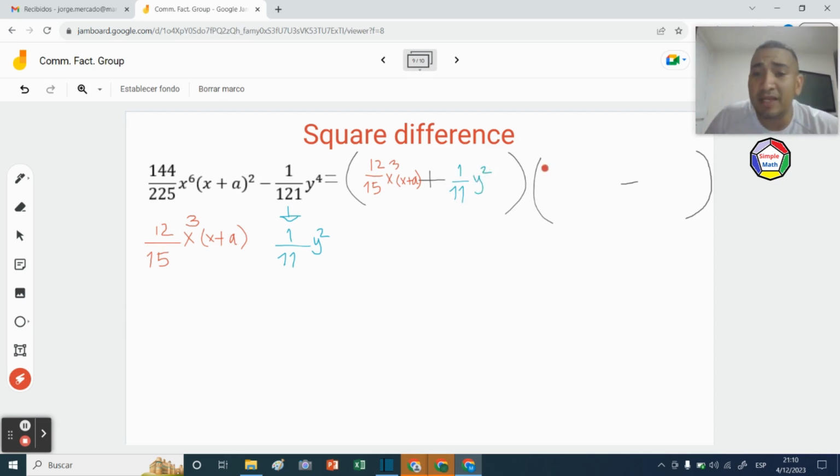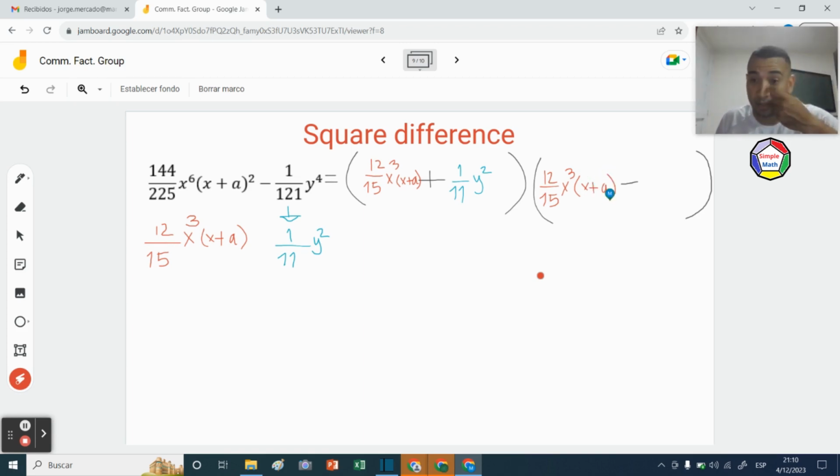And I will do the same thing in this parenthesis. I will repeat the process. So I'm going to type here 12 over 15, x exponent 3, parenthesis, x plus a.